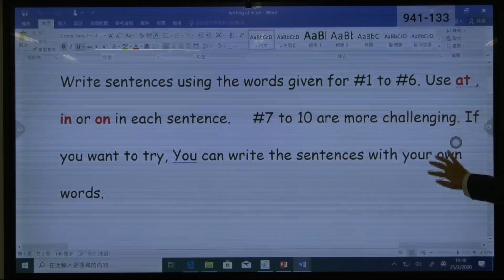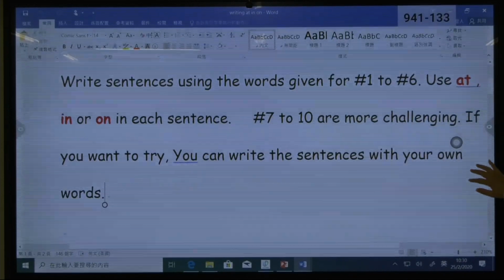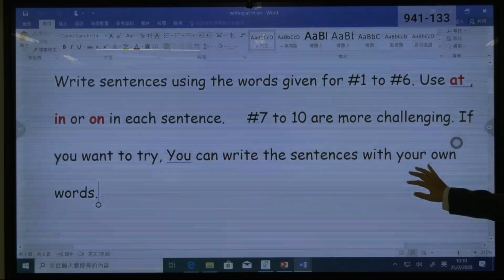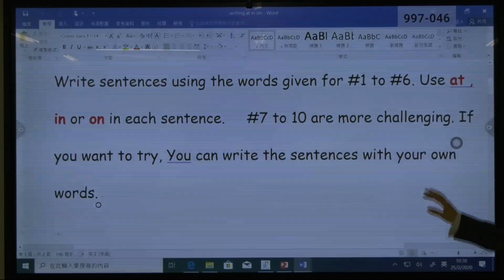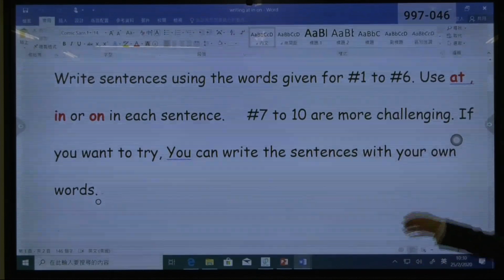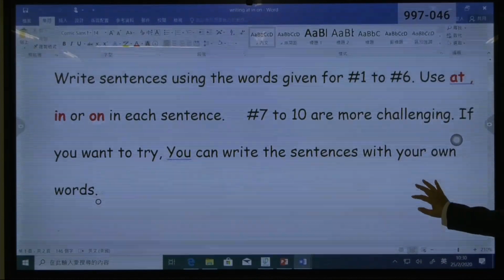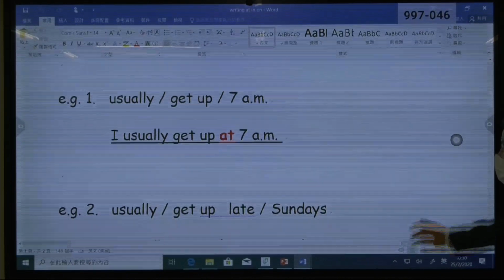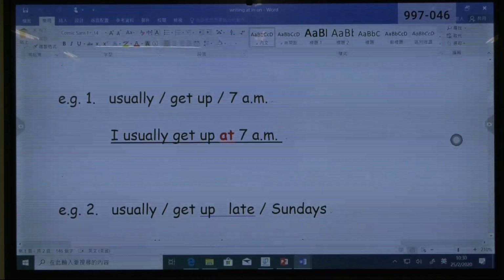And you have to write sentences using the words given for number 1 to number 6. Use at, in, or on in each sentence. And number 7 to number 10 are more challenging. If you want to try, you can write the sentences with your own words. And the first two have been done for you as examples.